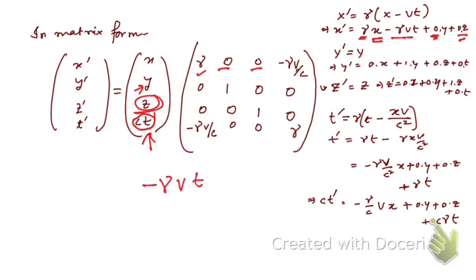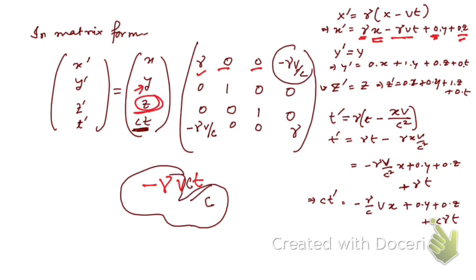So here we have ct, right? Here we have ct, just wait, let me explain properly. Here you can see this is ct, so we can multiply by c here and then divide. So the coefficient that we have to take is minus gamma v by c.